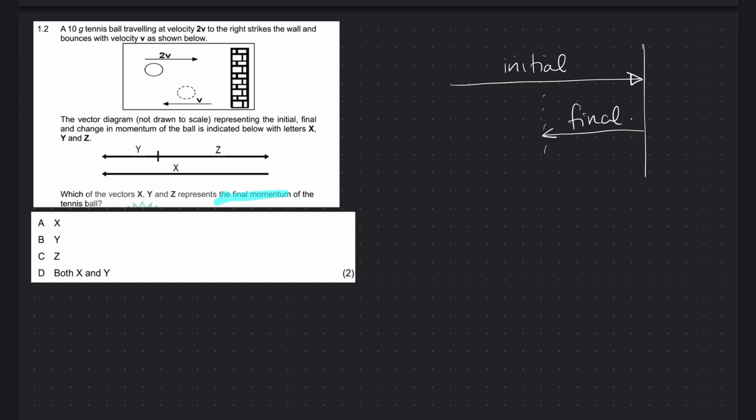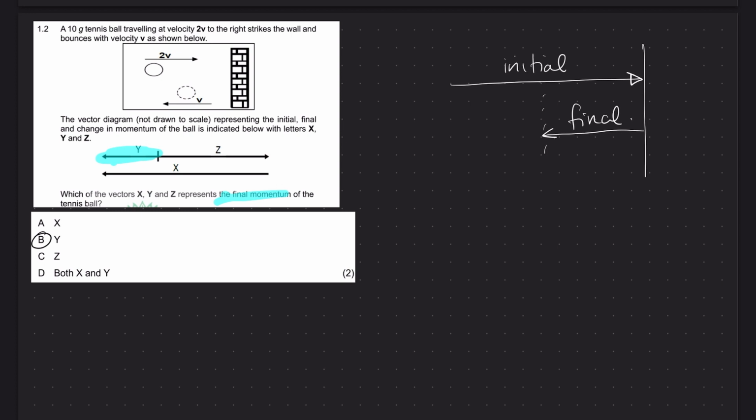So if we are looking for the arrow that would represent this, immediately we should look at y, because y is pointing to the left, it's roughly half in length to z. So that's our answer. The answer is going to be y or B.